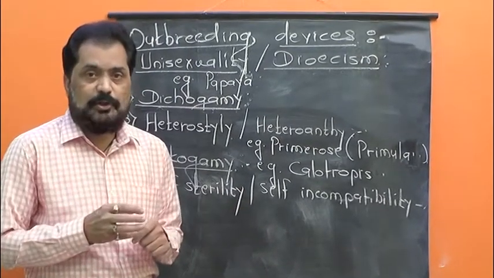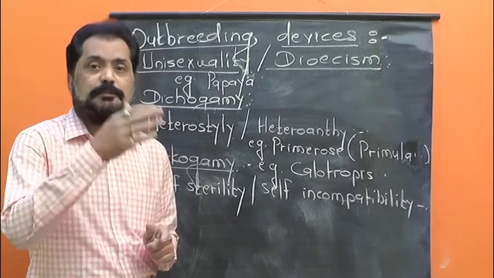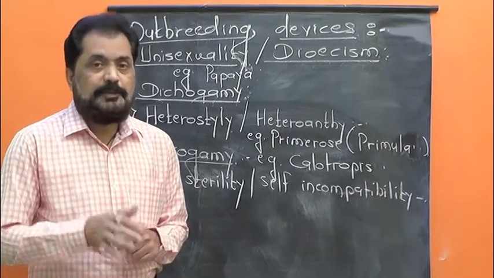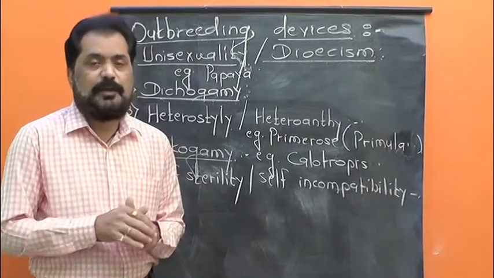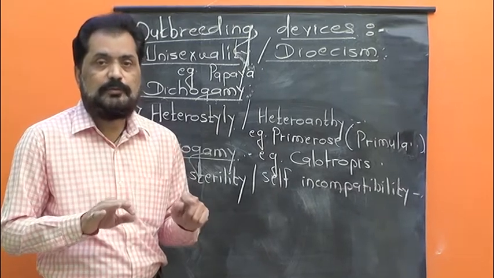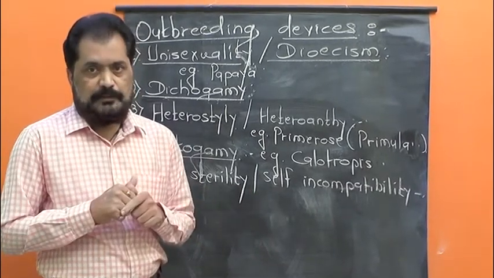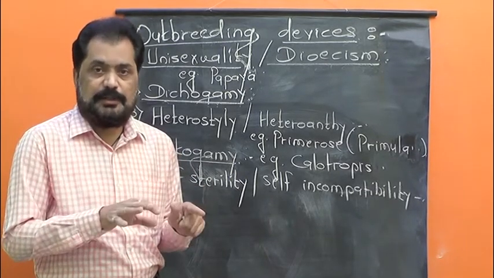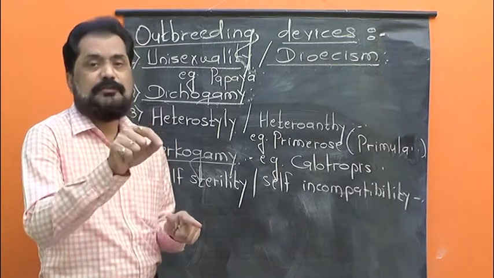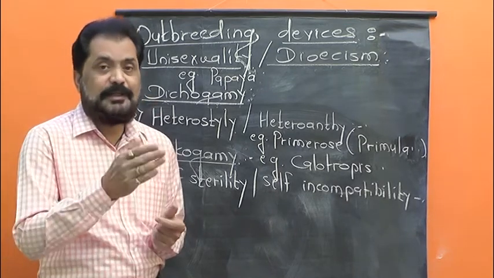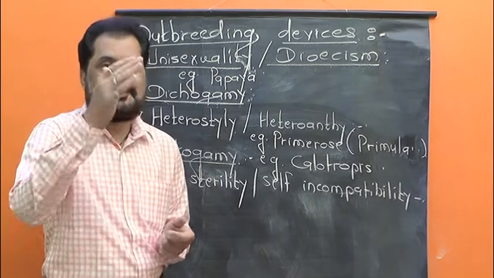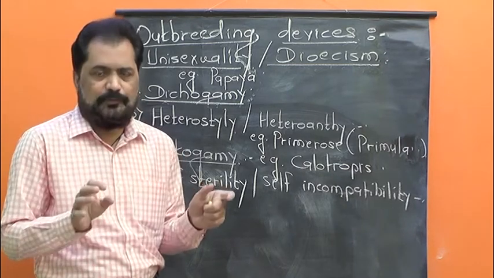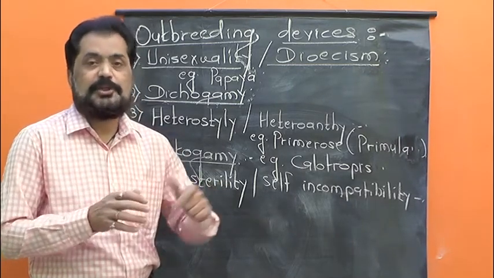The pollen grains of the same flower may get deposited on the stigma of the same flower, but those pollen grains are not allowed to germinate on the stigma of the same flower. It means the pollen grains of the same flower are rejected. They are not allowed to germinate. Those pollen grains wither off. They are made inactive or they break off.